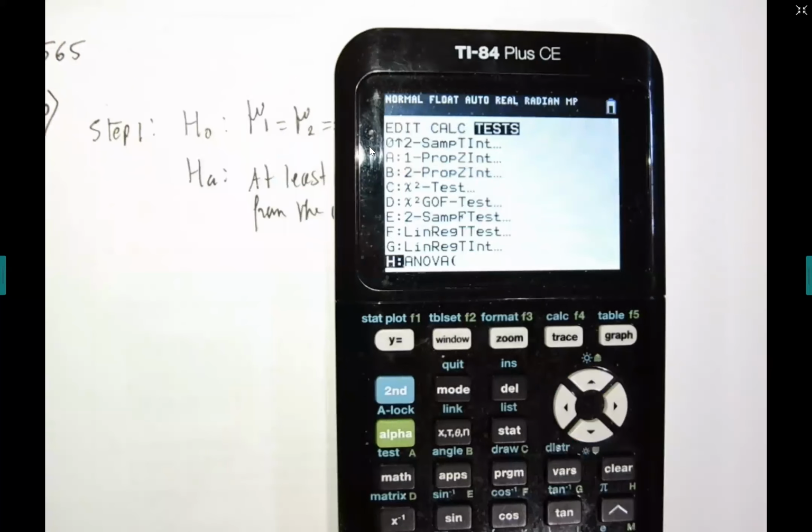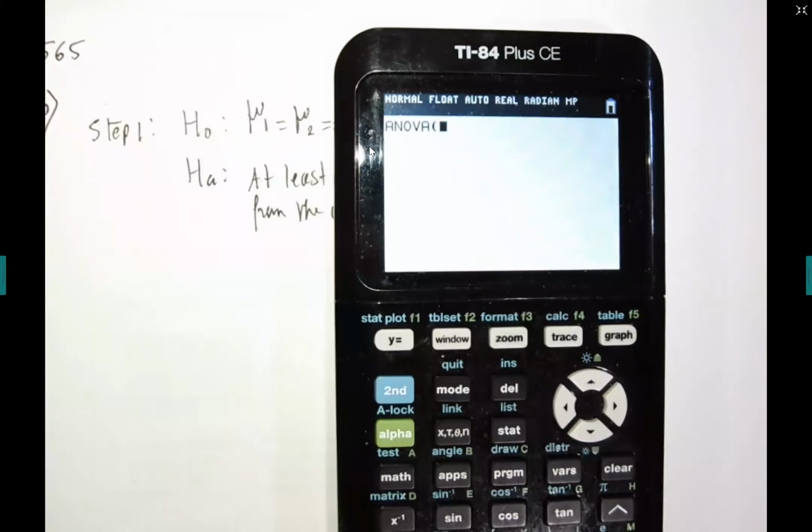It's ANOVA. Any guess, guys? What should I enter there? You should be able to guess it. What do I put in there? L1, L2, L3, exactly, and put a comma in between.